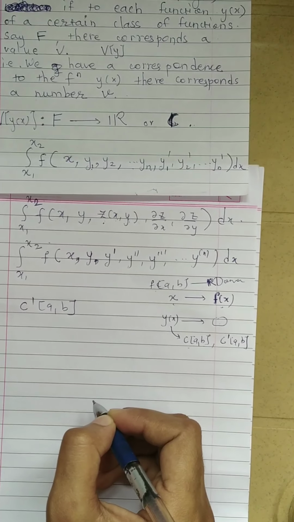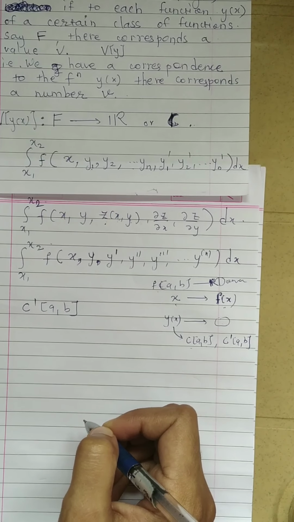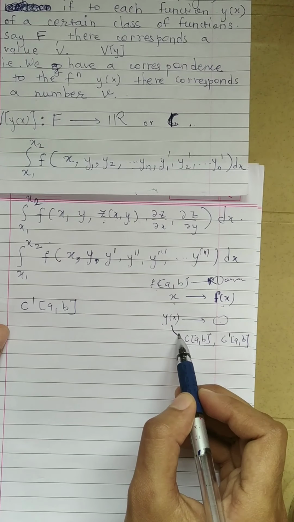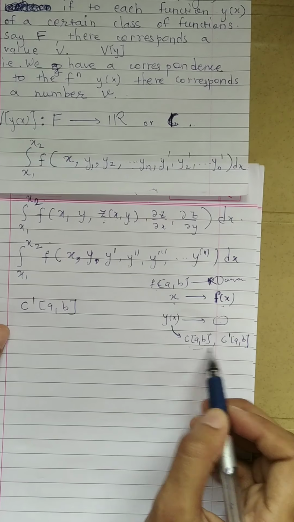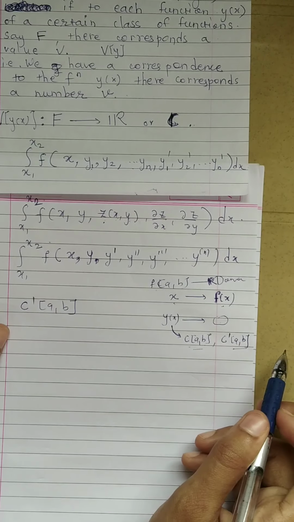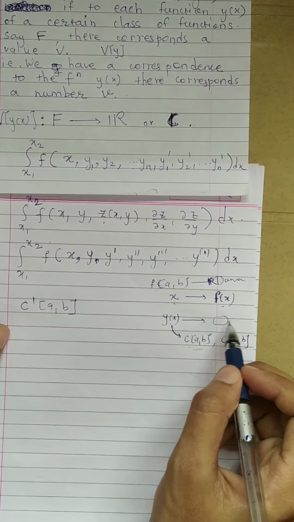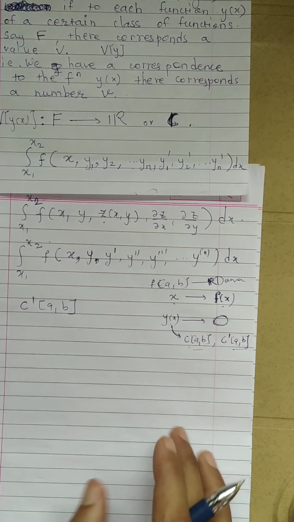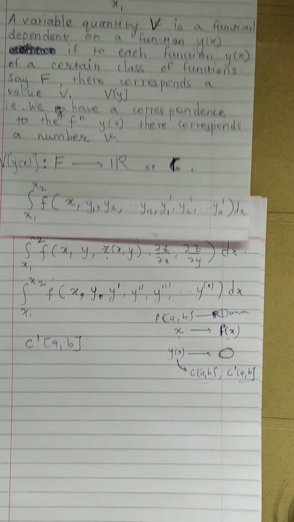It is also called the class of continuously differentiable functions. So all these y of x belong to some class, maybe this or some other class, and to each y of x there will be a definite number related to it. So that is what is called a functional.